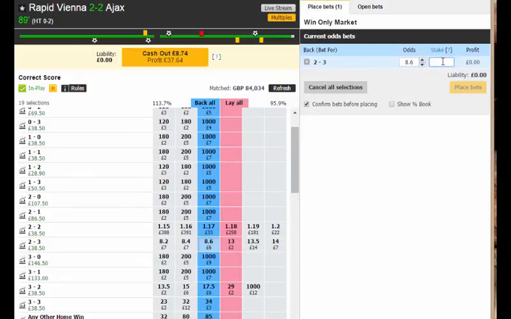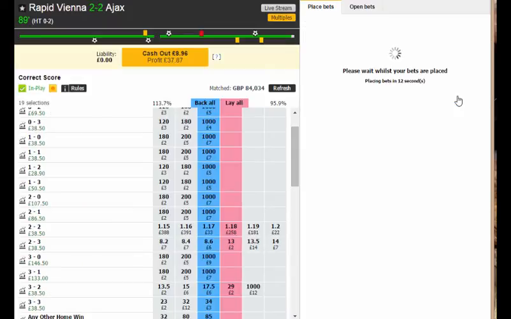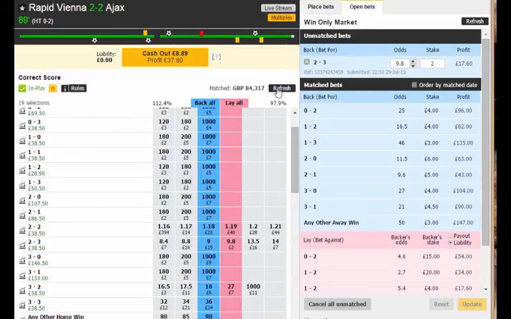Okay, now I'm just at the death here, a couple of minutes injury time to play. I'm just backing 2-3 for £2, so that will reduce the green on 2-2 to £36.50, but it should bring up the green on the 2-3 to round about £55, £56 there, if Ajax could nick a goal in the last couple of minutes.